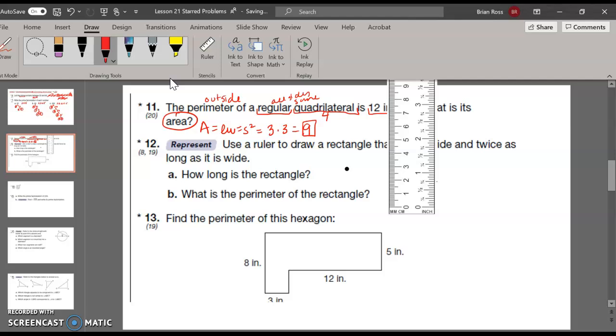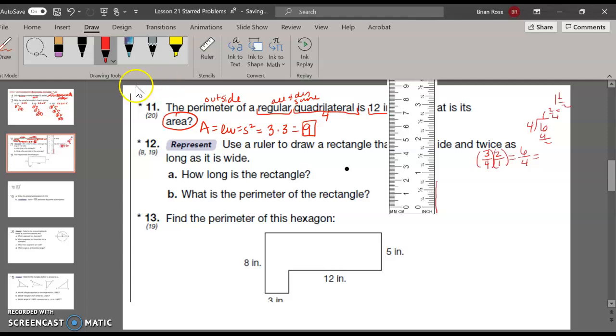So I need to draw a straight line this way. And for my other side, twice as long, 3/4 times 2 is 6/4, which when I divide that out is 1.5.